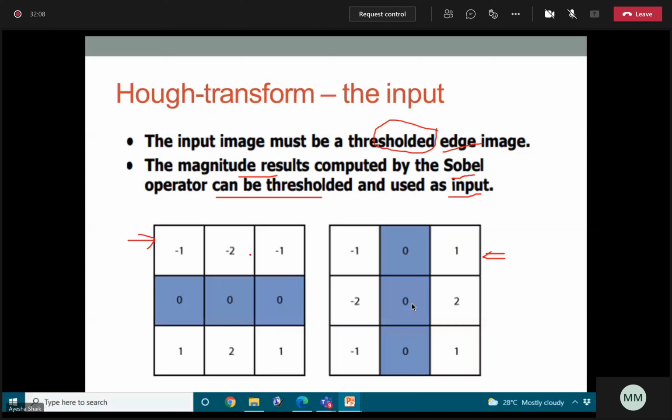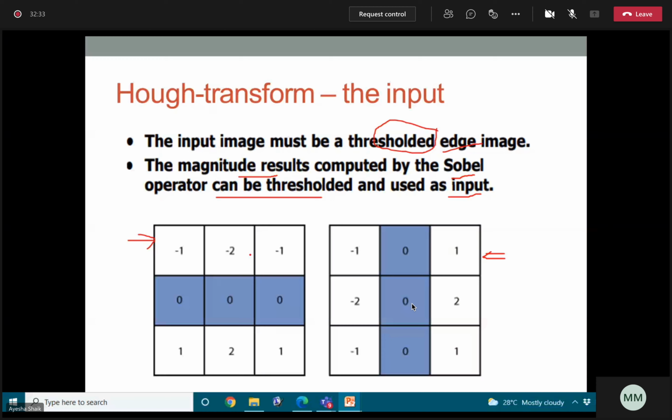Okay, now we have the vectors, that is gx and gy, and then we can find the length of the vector by using gx square plus gy square, that is (dou f by dou x) whole square plus (dou f by dou y) whole square. So this is the magnitude, and we can also get the angle.